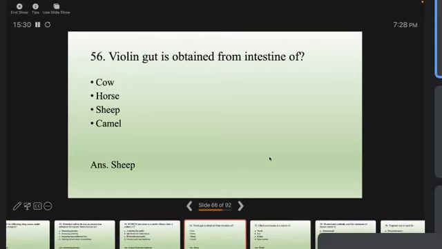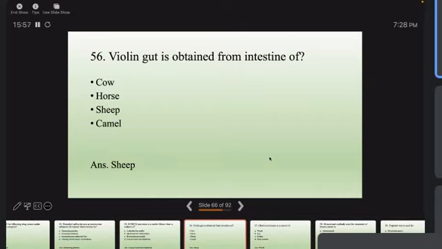and fibers, which are mainly for medical purposes. We use it as sutures and ligatures, but not much in use now. It is also used because of the thickness that it provides. You can't call it elastic, but it is very rigid in nature, so it is also used in violin strings.